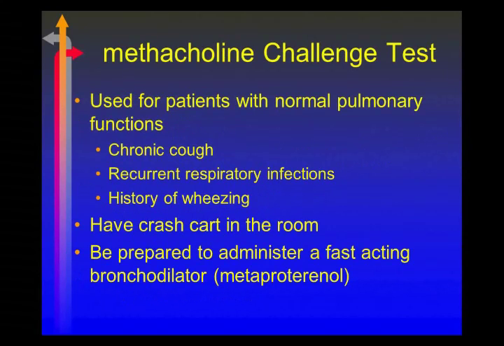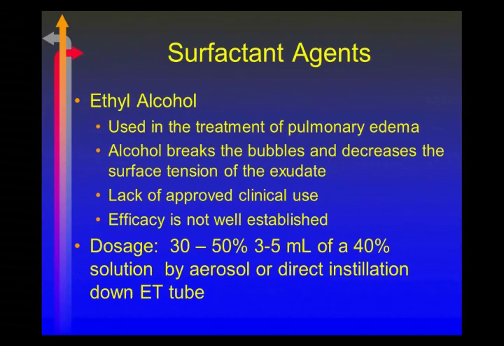You've got to give a drug after the fast-acting agent. Ethyl alcohol, we used to use this all the time for patients in congestive heart failure. If you remember, as the fluid backs up in the pulmonary capillaries, it backs up into the interstitial space, right? It then moves into the alveoli.